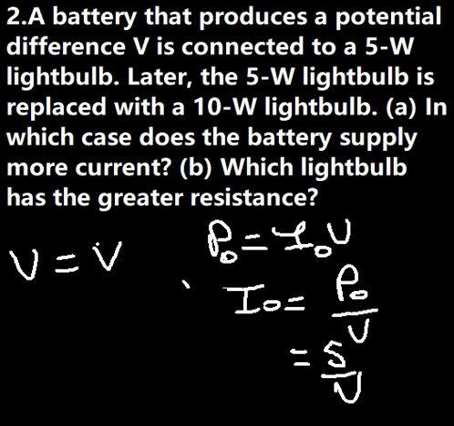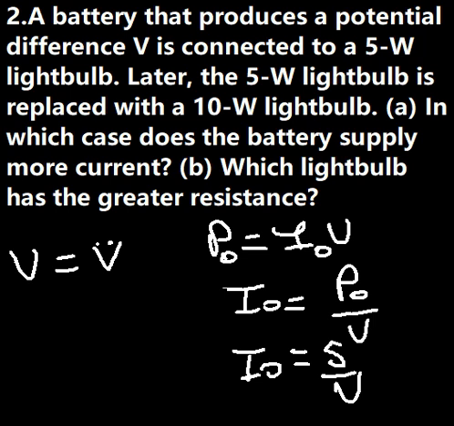So that is the initial current. And since we have the initial power given as 5 watts and the battery is having the volts given as V, that is the initial current.